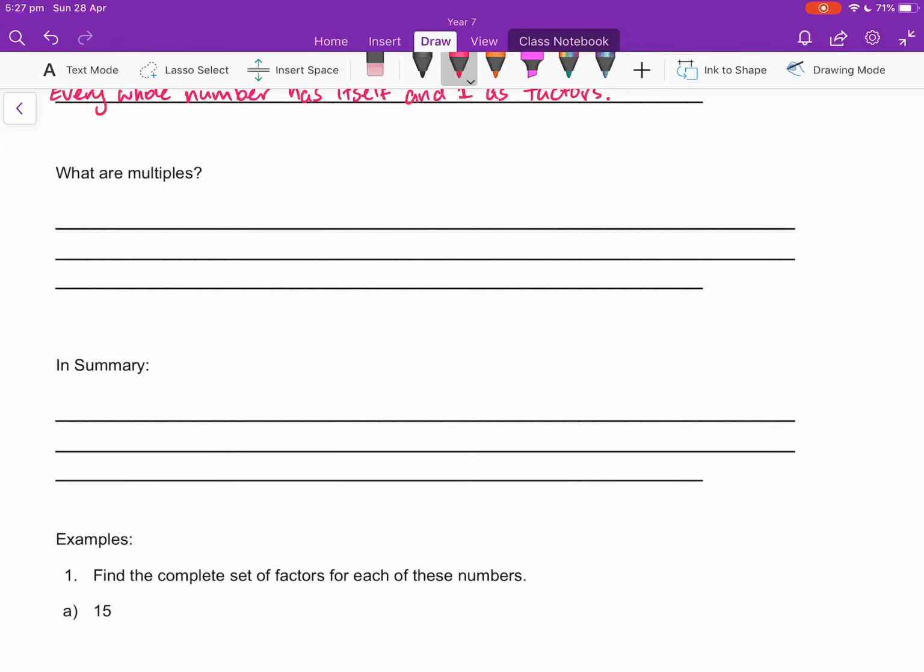So what we're going to write down, these are numbers that are created, because we're creating new numbers when we do this, by multiplying any number by another number, and another positive number.